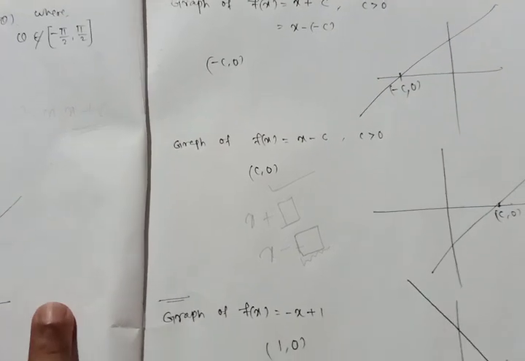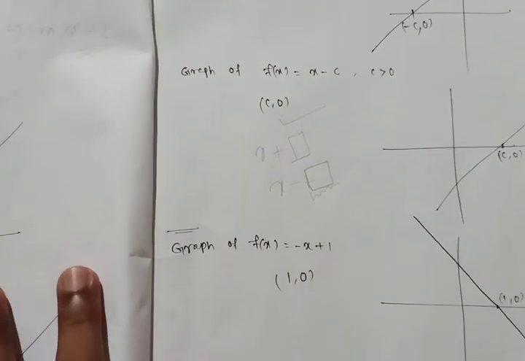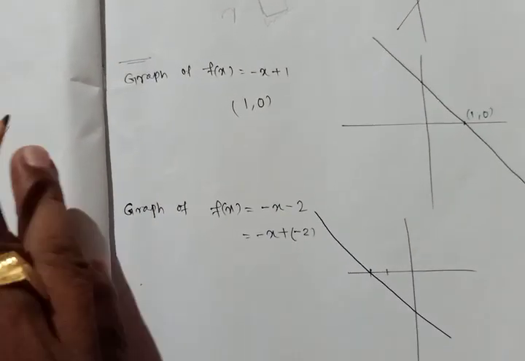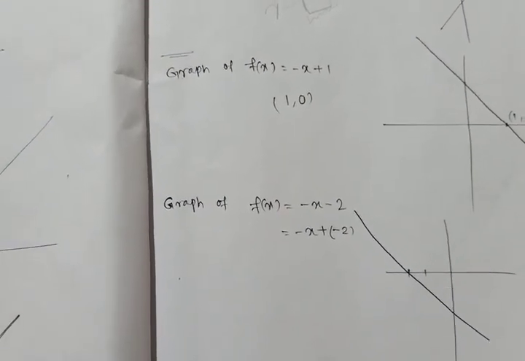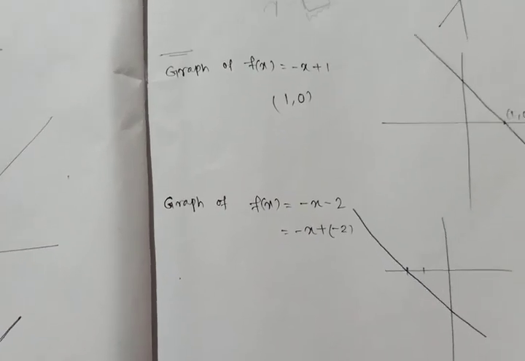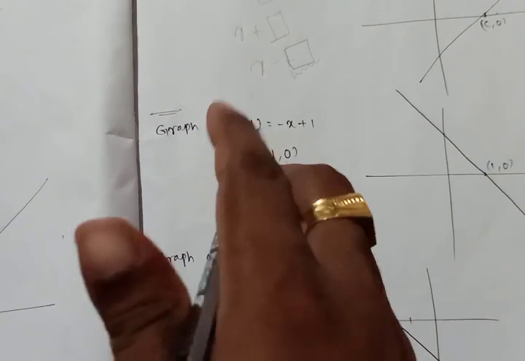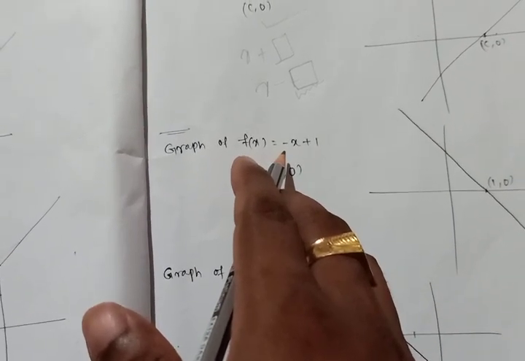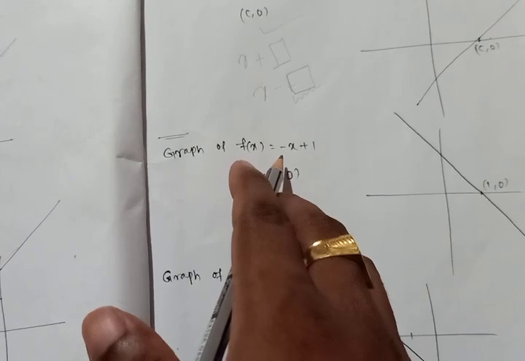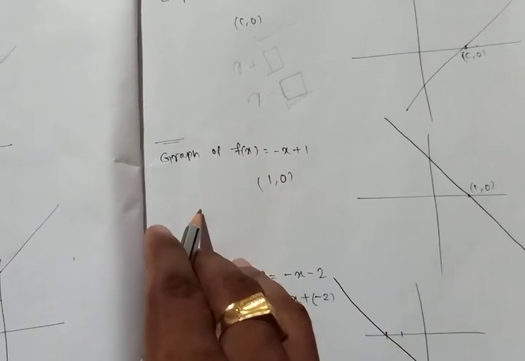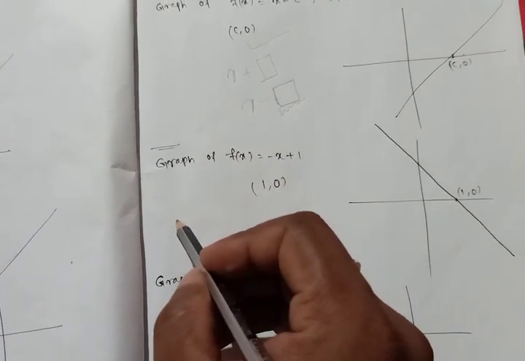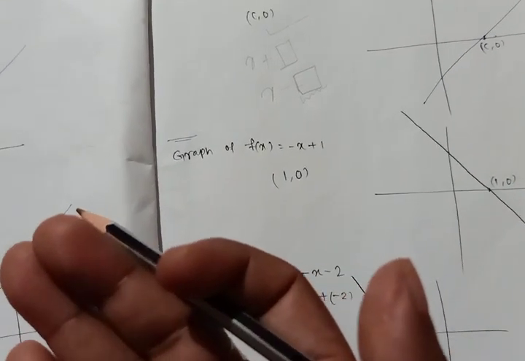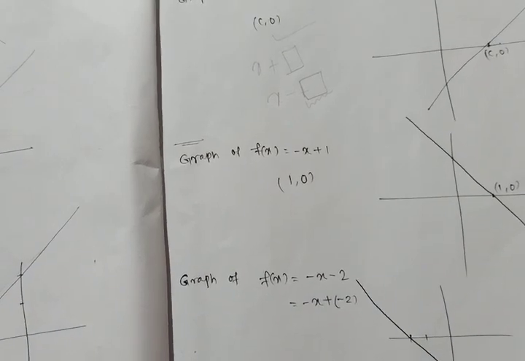So you have already covered the graph of x plus something. In such a case the slope is 1. Now let us discuss a graph that has slope equal to minus 1. I am discussing these things because it will be helpful to draw the graph of sine inverse of sine theta. Okay, so if the slope is minus 1 here, comparing with y equals mx plus c, we have slope minus 1. That means the inclination theta is 135 degrees. So whatever the straight line, it makes an angle of 135 degrees with the x-axis.